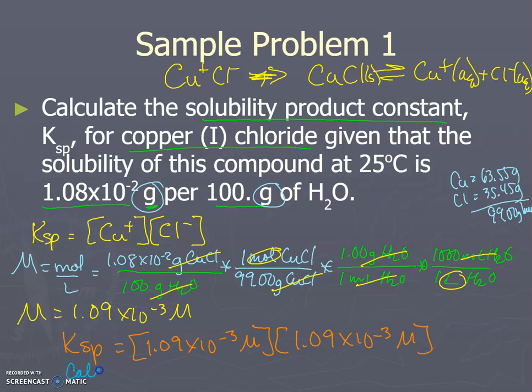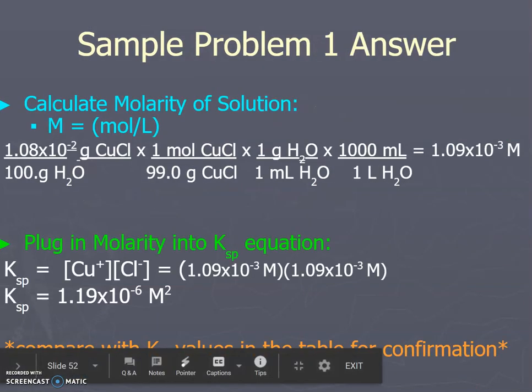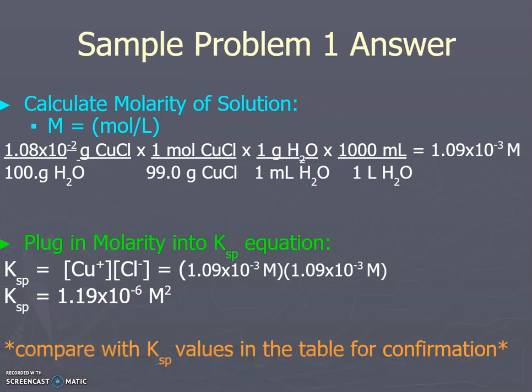In my calculator, I would put 1.09 e negative 3 times 1.09 e negative 3, and I get a value of 1.19 times 10 to the negative 6. That is my KSP value. Here you'll see I need my concentration in moles per liter, so grams per grams turns into 1.09 times 10 to the negative third molar.